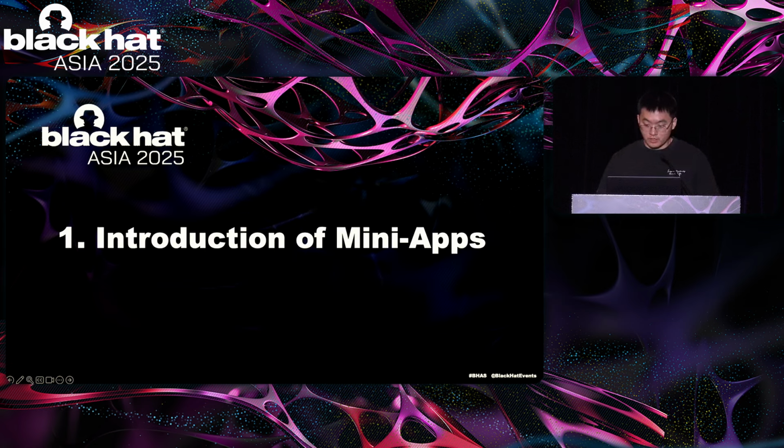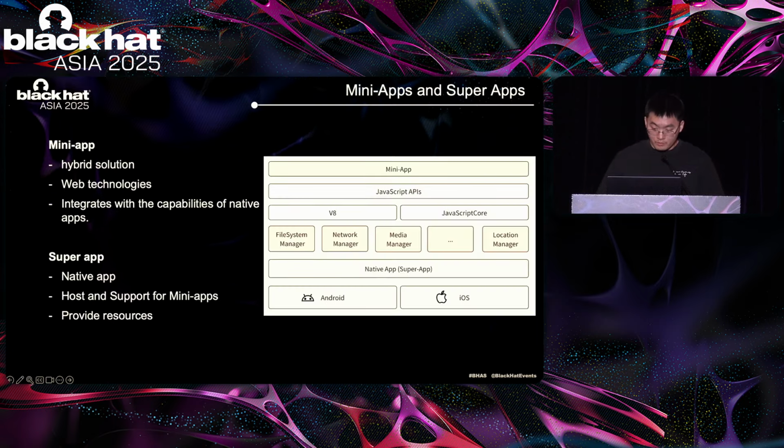Let me introduce the background of mini apps first. Mini apps represent a cross-platform solution, relying on web technologies and the capabilities provided by native apps. With just one code base, a mini app can be launched and run on Android, iOS, and even PC platforms.